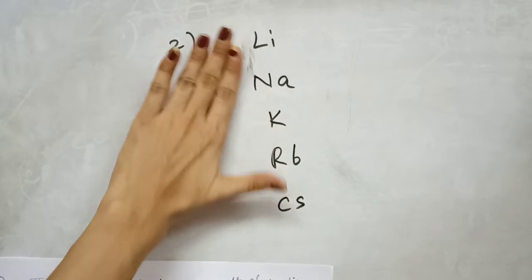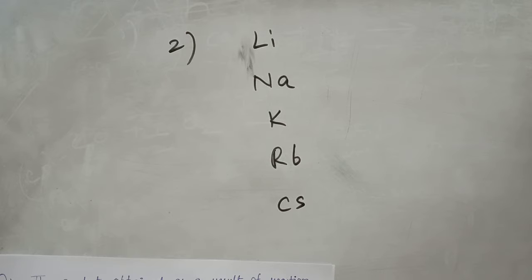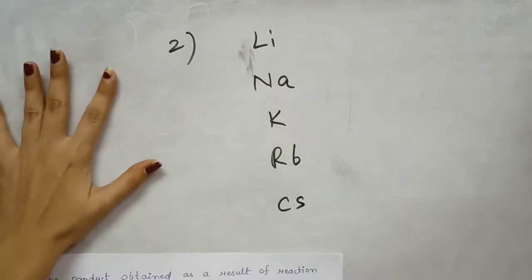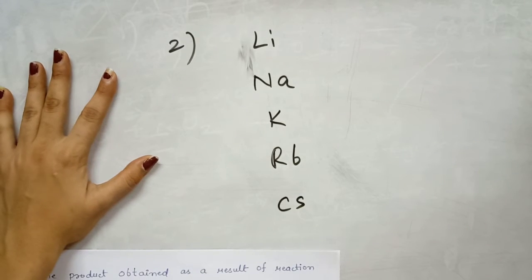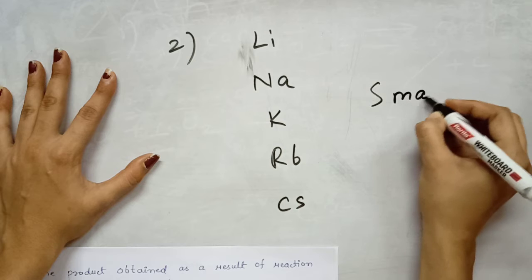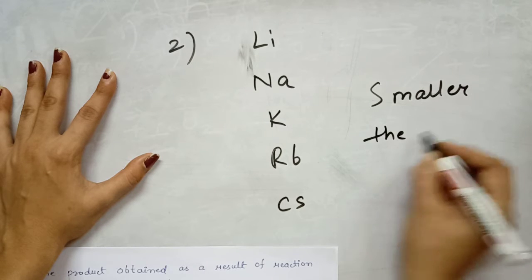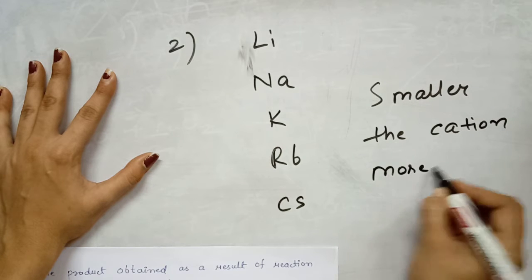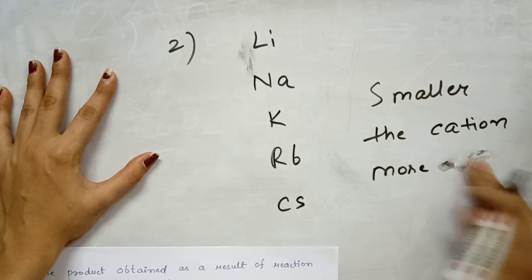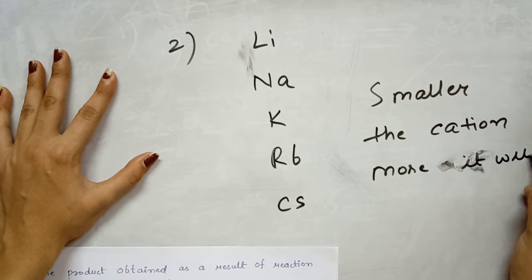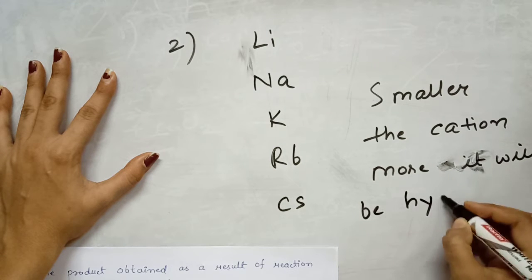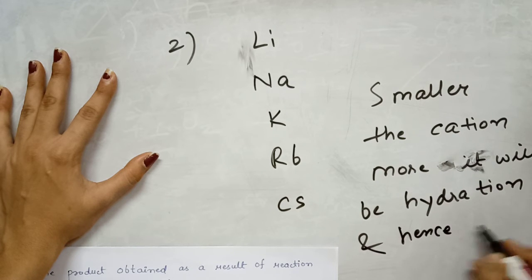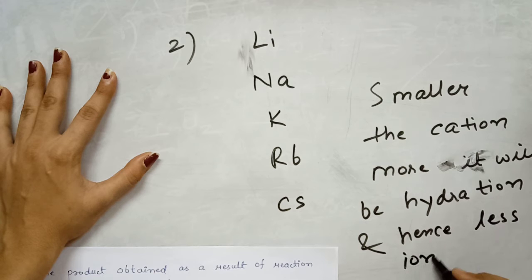If you have an idea about ionic mobility, obviously the smaller the cation, the more it will be hydrated, and hence less ionic mobility.